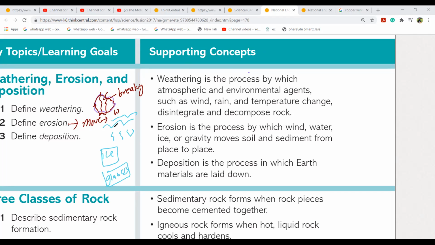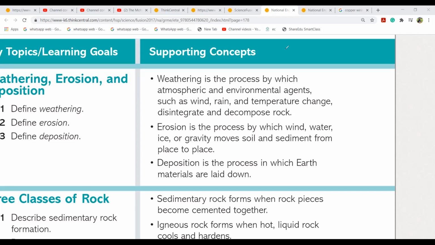After moving, it goes down and settles somewhere. That is called deposition. Three things: first is weathering, that breaks down rock. Second is erosion, that it moves. And lastly, deposition is the process in which it is laid down, it is dropped down. Okay?